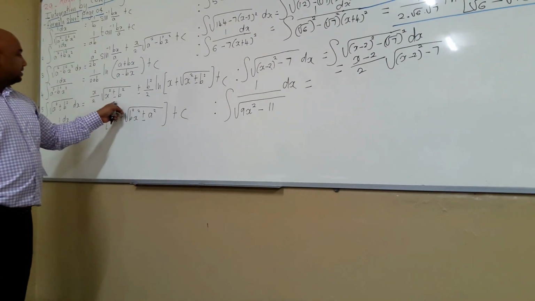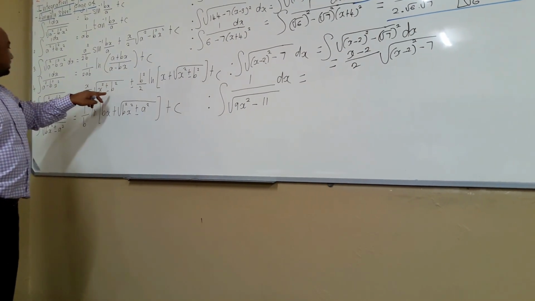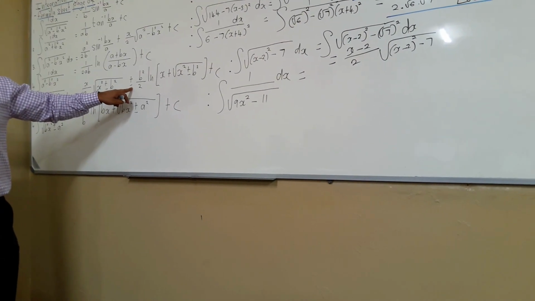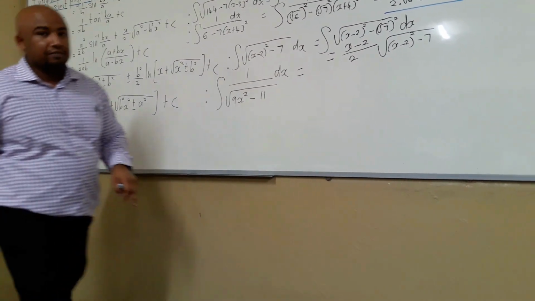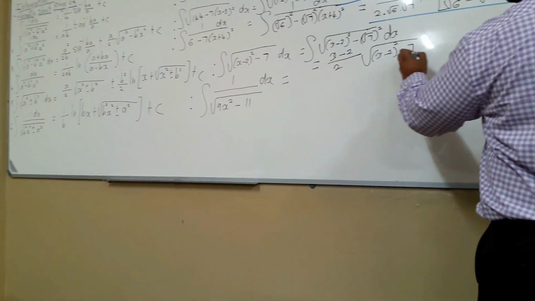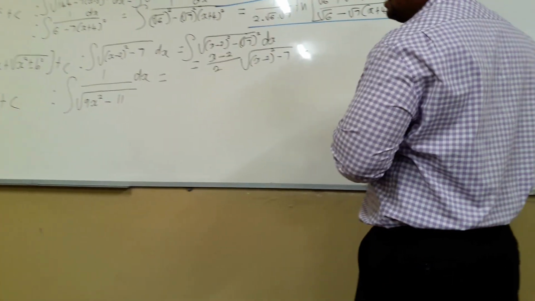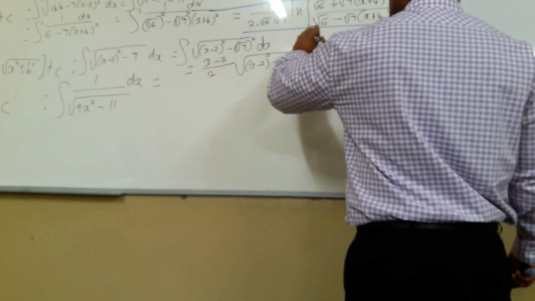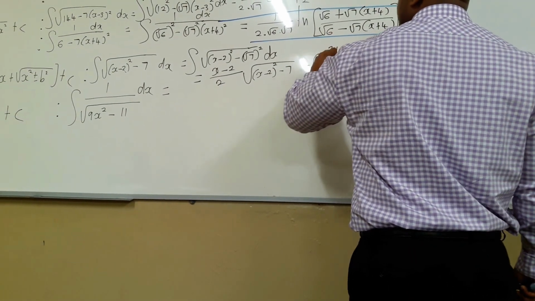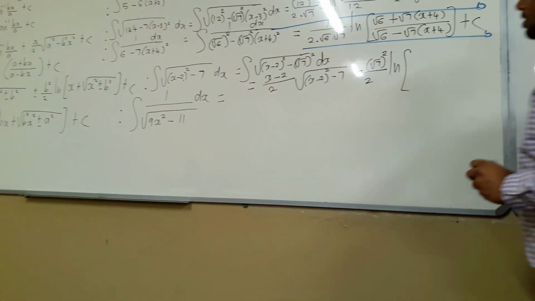So we got this. We're dealing with the negative, the bottom, negative. The bottom is also negative here. Can you see that? So now this will be minus b squared. What is my b? The square root of 7 squared over 2 ln of x.